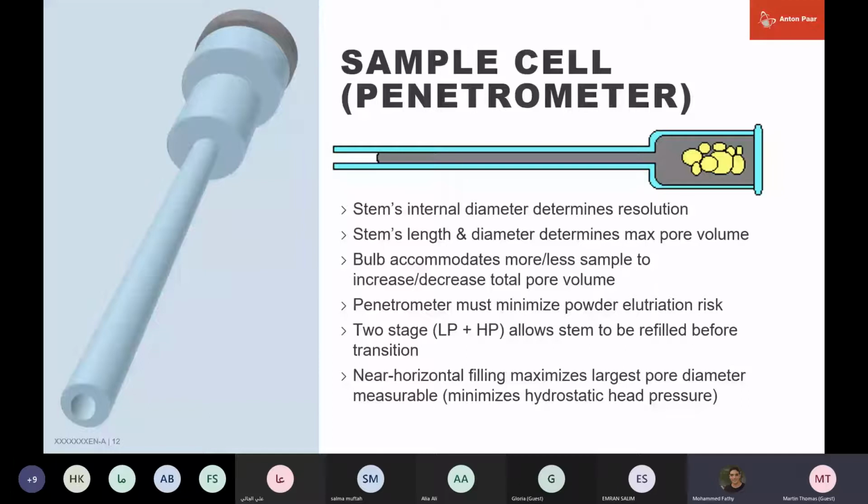Now, the other variable here to make sure that we're making the most of the instrument resolution is to increase or decrease the sample volume here. So if we want to have more pore volume for the instrument to measure, we can use a larger sample. If we have a very high pore volume, we can afford to use less sample.